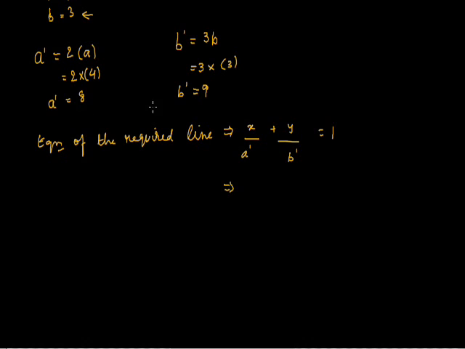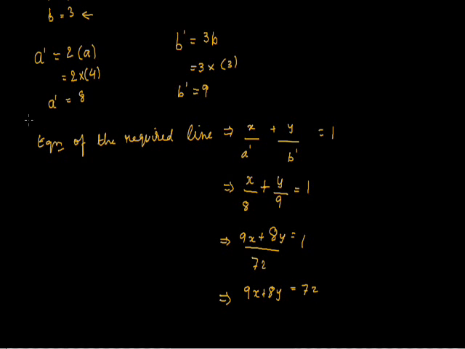Substituting the values of a dash and b dash as 8 and 9, I'll get x upon 8 plus y upon 9 is equal to 1, which implies that, by taking the LCM, I'll get 9x plus 8y is equal to 9 into 8, 72. 72 I'm getting in the denominator, and hence the equation of the line becomes 9x plus 8y is equal to 72. So this is the equation of the line which we were required to find out.